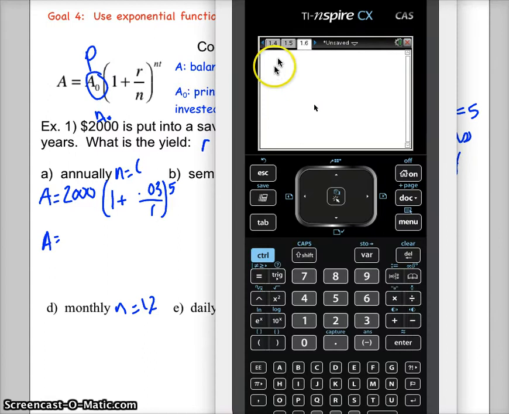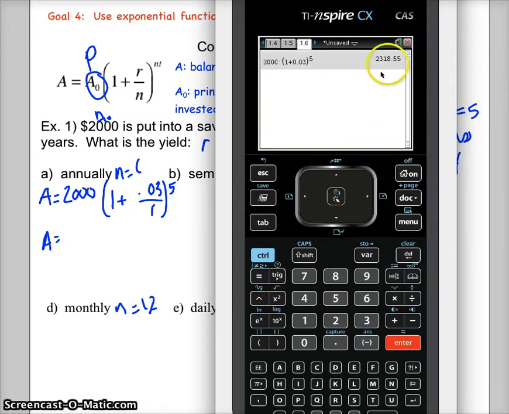Okay, I'm going to do this with you just to make sure that you know how to use your calculator to complete this. So 2,000, then 1 plus 0.03, which is 1.03. We don't have to do the division by 1. 0.03 divided by 1 is 0.03. And then all of that is raised to the 5th power.